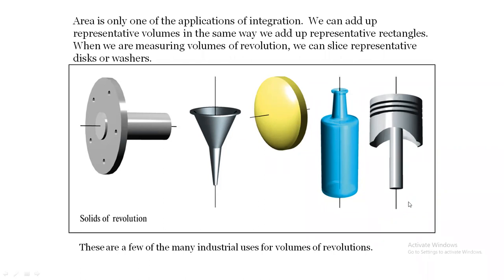So the volumes of these can be determined using any of the methods that we'll be discussing in a little while: the disc, the washer, or the shell method. The shell and the washer methods have hollow portions, whereas with the disc, all throughout your volume there isn't any hole in your solid.